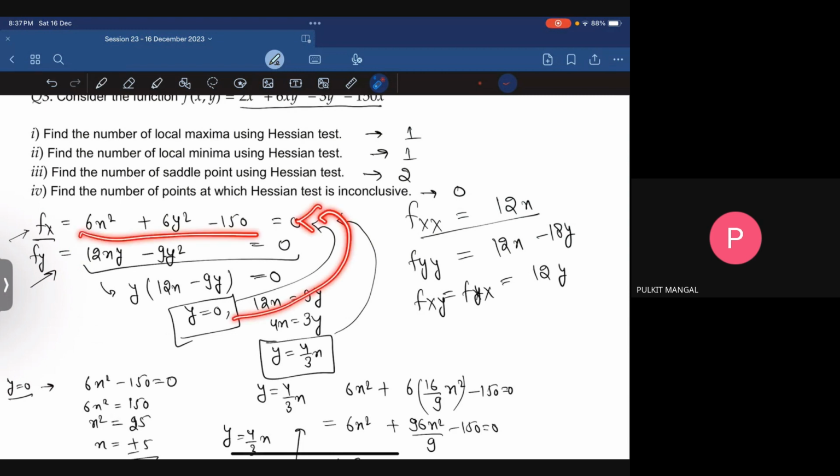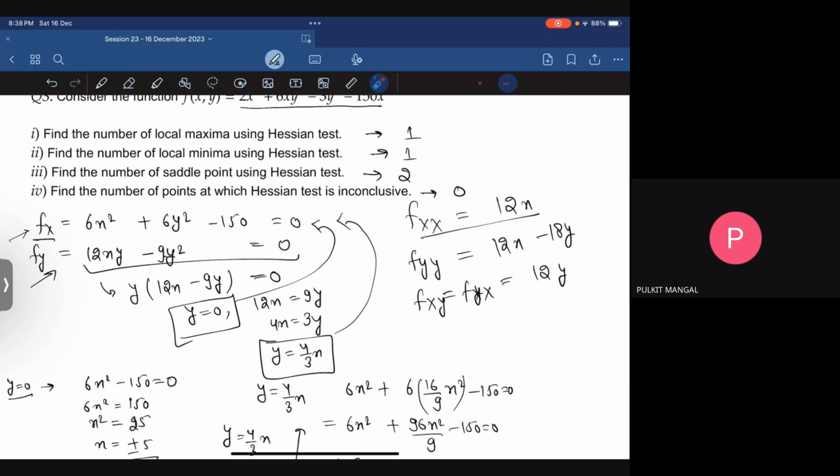But if you see these two equations, these two equations have to be satisfied simultaneously. So whatever value of y you put here, you will also have to put the value of y in the above equation. So if we are putting y equal to 0 here, we have to put y equal to 0 in this equation and also find the value of x, that is, for what value of x when y is 0 this equation is satisfied.